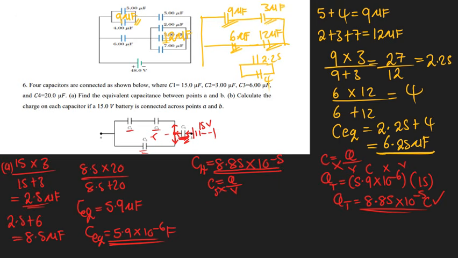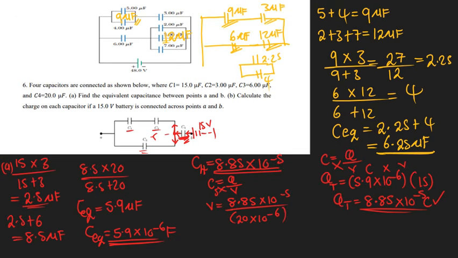So, cross multiply, our voltage is going to be, the charge is the same, reaching C4. So you can say 8.85 multiplied by 10 to the power negative 5 all over, then what is the capacitor at C4? C4 is 20 multiplied by 10 to the power negative 6.